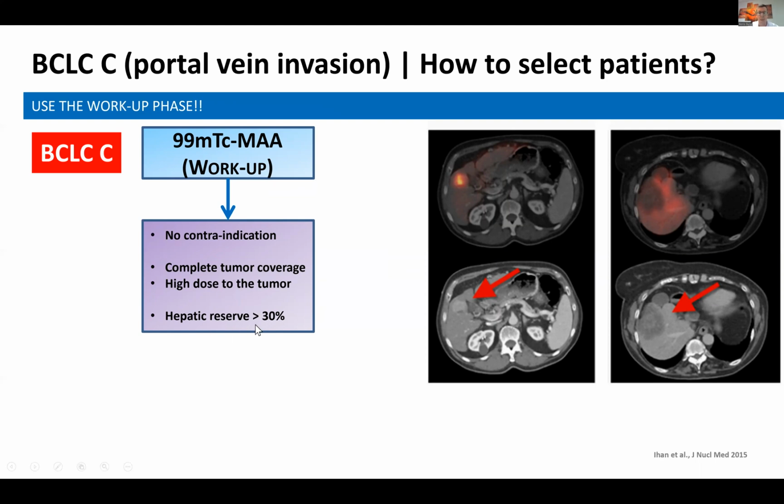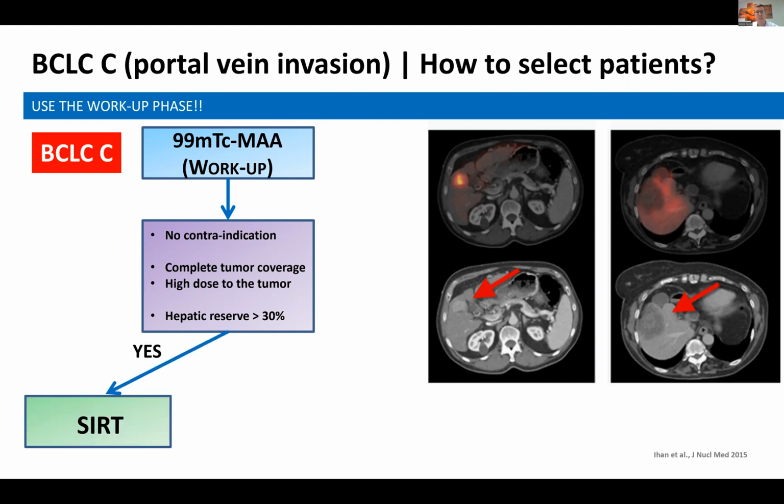And we also need to have a hepatic reserve greater than 30%, following the same concept that you follow in surgery of cirrhotic or non-cirrhotic patients. You leave some liver volume untreated, just to make sure that the post-operative period will be okay, and there is no problem for recovery. So we follow exactly the same concept.